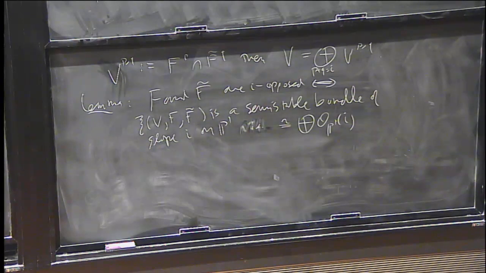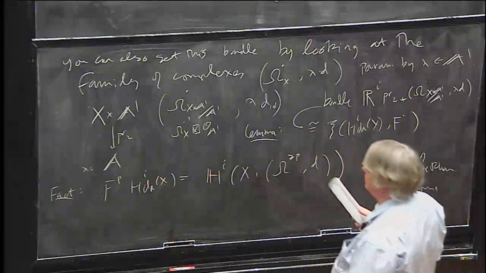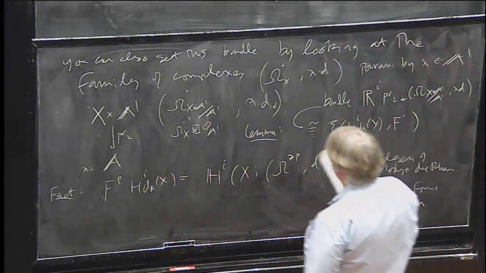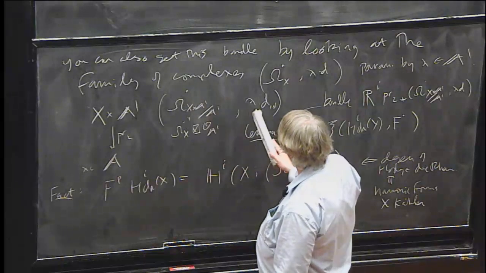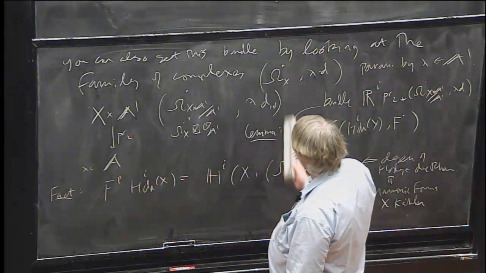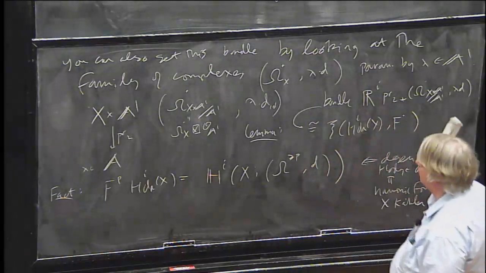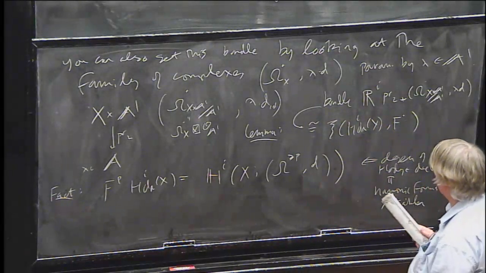Here we started with the filtration, but suppose we don't start with the filtration. Then we said we can just start with this complex of differential forms. Again, this is the complex of algebraic differential forms on X, so you need to use that GAGA theorem. But we can just look at this complex of differential forms and twist it by multiplying the differential by lambda, then looking at what happens when lambda tends to 0.